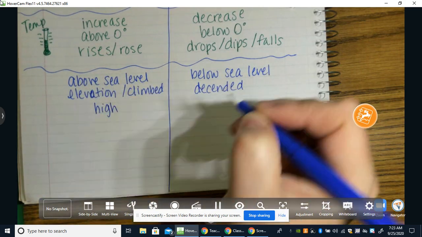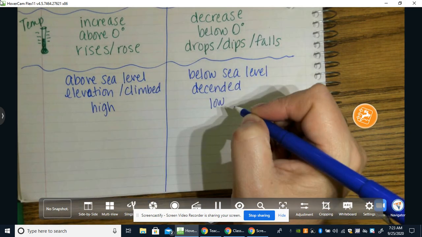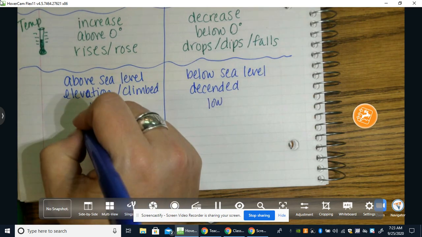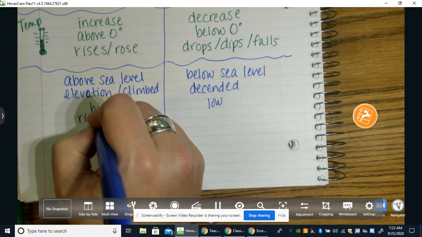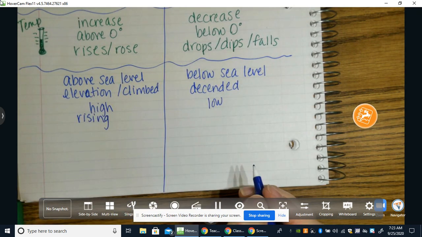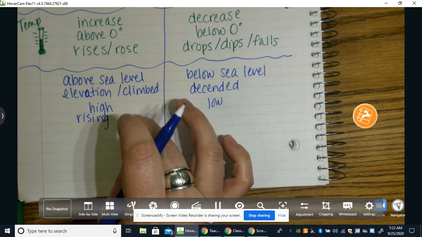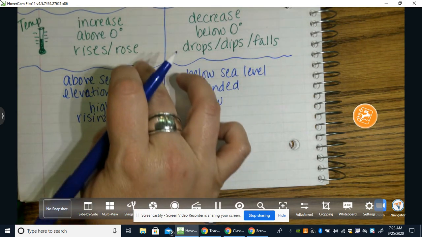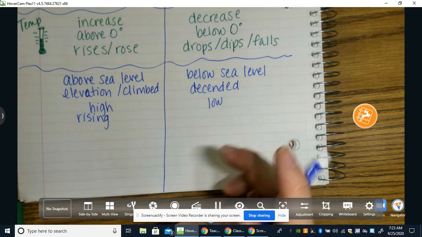High, low, okay, rising, the water is rising, means it's increasing. A diver rising to the top would be a positive integer.